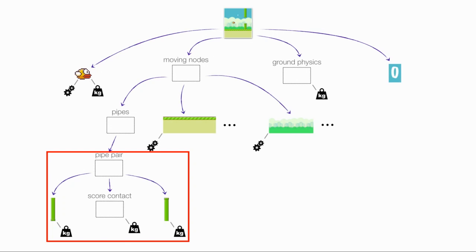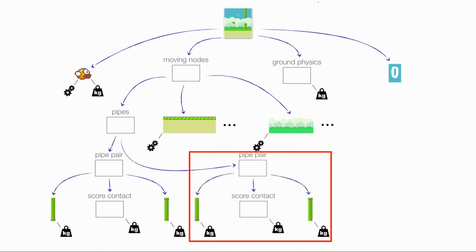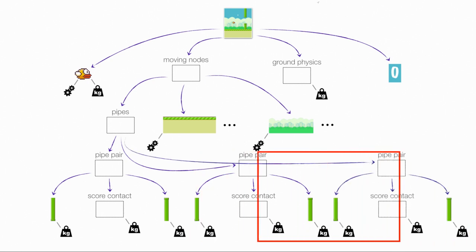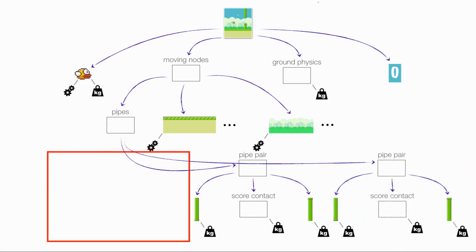So, okay, we have this tree. There's a subtree with one pipe pair. Then we side effect the thing to add more children to one of these collection nodes, and another one, and then at some point we also delete some when they go off the screen. I think I have to take a shower now. I mean, this is getting out of hand.